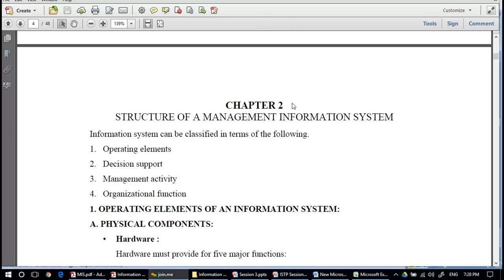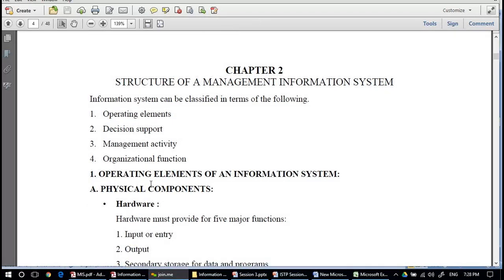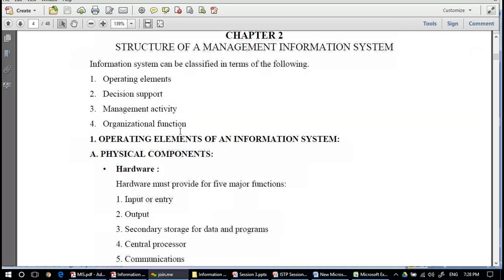Okay. So I continue with the important points about the structure of the management information system. If we talk about the operating elements of an information system, the structure of the information system distinguished regarding the operating elements, we will discuss.